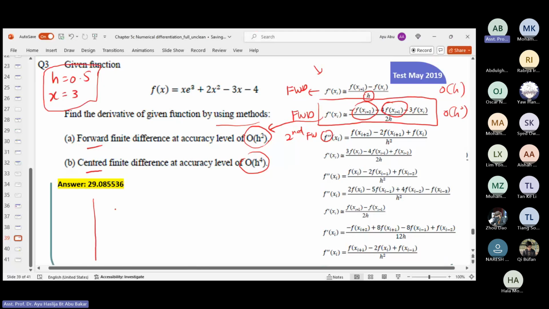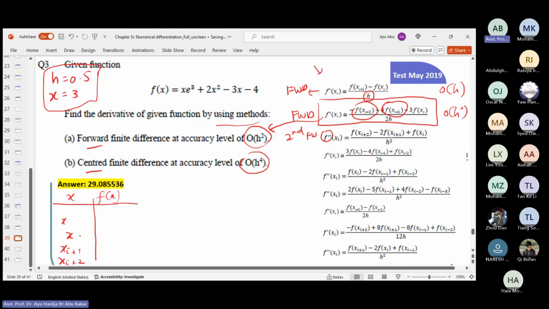Arrange the data that you require. x i plus 2. And third, you need this one. We proceed with A first. x i plus 1, x i plus 2.